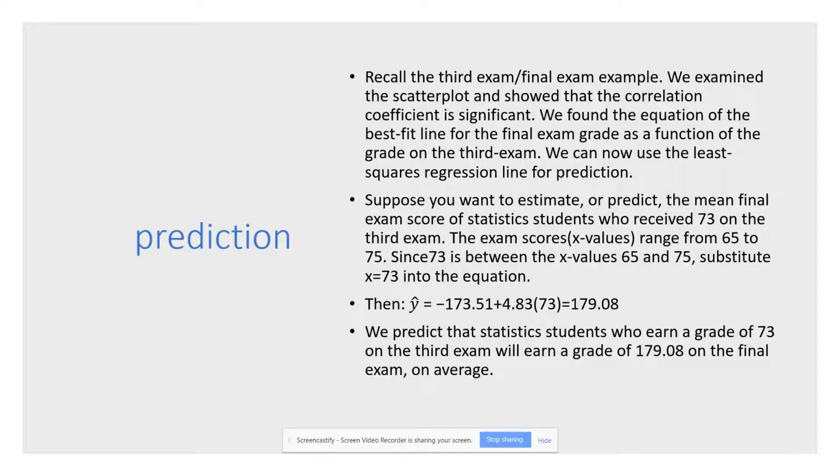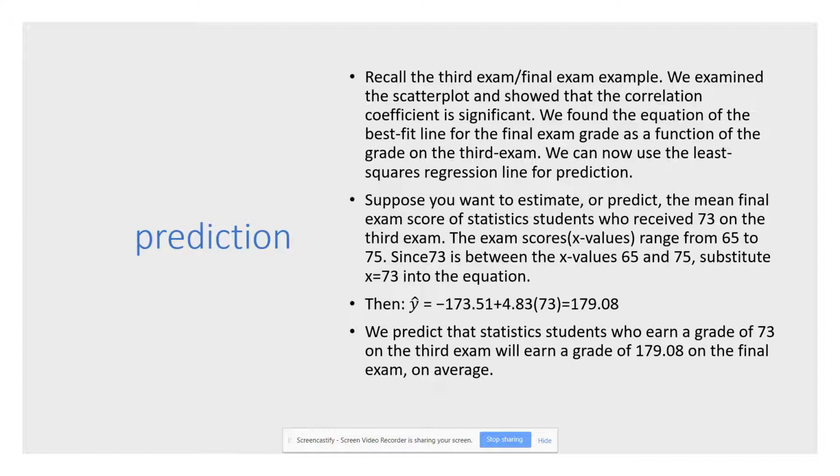predict based on it. So if you see here, y hat equals negative 173.51, which is the y-intercept, plus 4.83, which is the slope. And that 73 is, suppose I want to know if you make a 73 on the third exam, what will your final exam be?